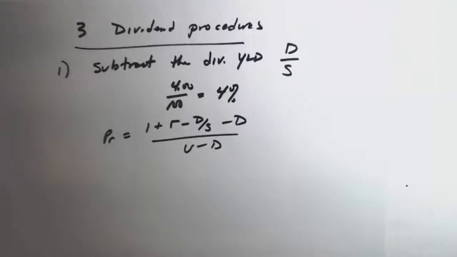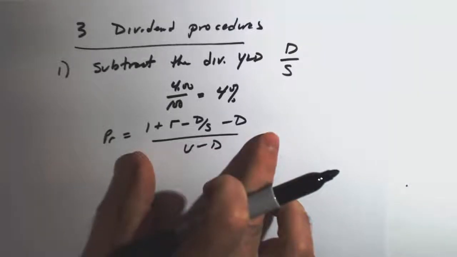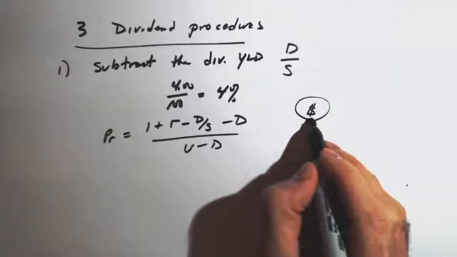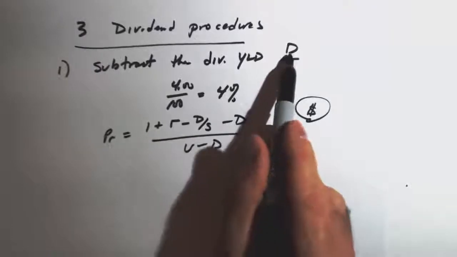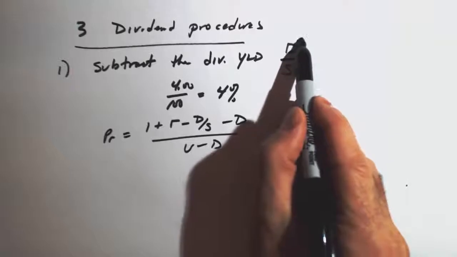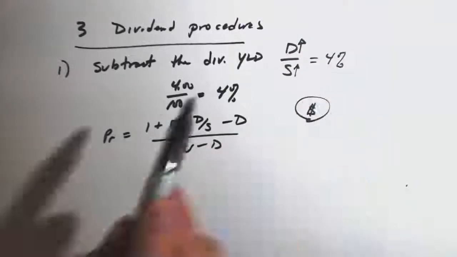The problem with this method is it results in a different dividend payout. The dollar amount varies by where you are on the node. If you're on an up node, the dividend is higher, because the stock price is higher, which means the dividend has to be higher in order to keep the dividend yield at, say, 4%.